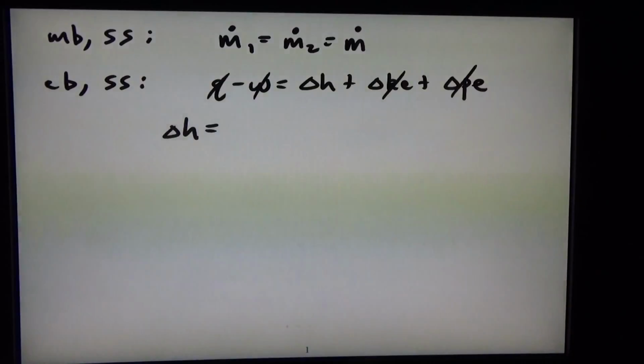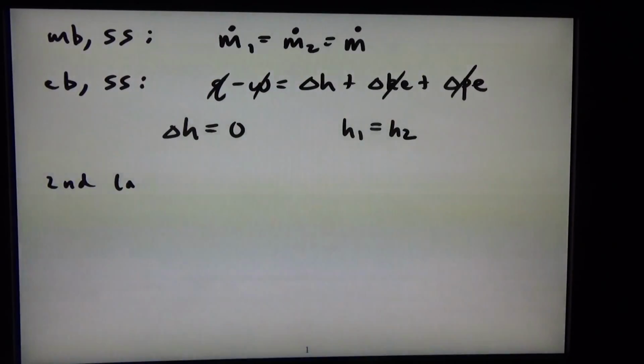The throttle is a special device where delta H is 0, also called an isenthalpic device. H1 is equal to H2. So there's nothing really we can solve yet for the energy balance or the mass balance. Let's keep going and see what we need to do with the second law.